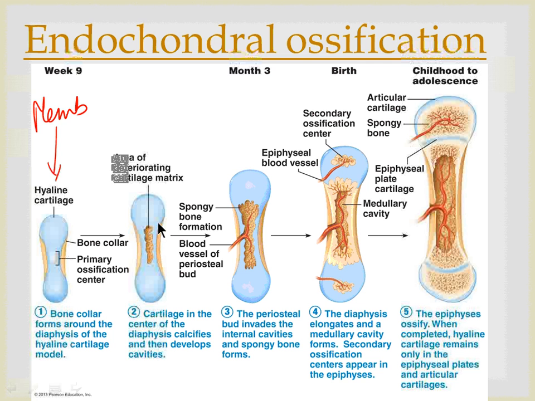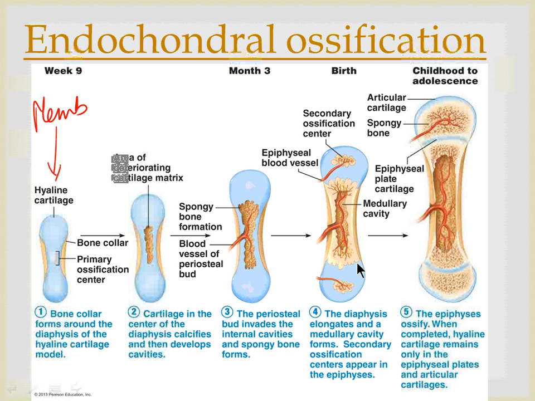Meanwhile, the bony collar takes more blood vessels inside, and with the blood vessels it sends in osteoblasts. Those osteoblasts replace the dying cartilage cells. Can you see here, this area is all dead, and those dying cartilage cells are replaced by bony cells. So bone is replacing cartilage.